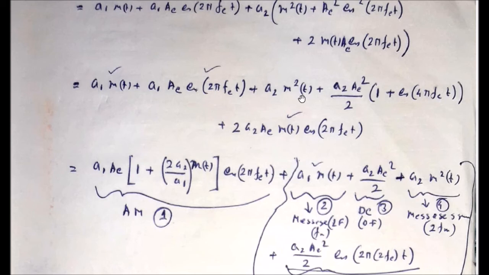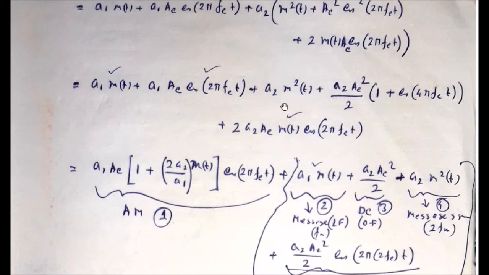So that means this term contains two terms, 1 plus cos 2 theta. In cos 2 theta, there is a multiplication factor 2 inside the phase, so it will multiply the frequency of the cos theta by a factor of 2. So if m(t) has the frequency of fm, then cos 2 theta will have the frequency of 2fm.